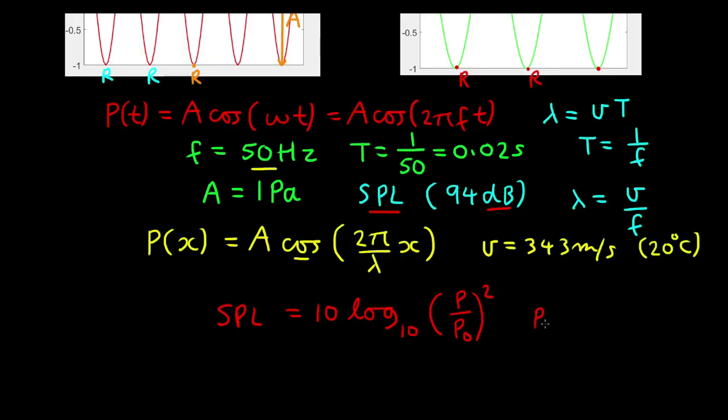So the reference pressure is 2 by 10 to the minus 5 pascals, which is the lowest sound pressure that can be heard. And from that, you can substitute a sound pressure and obtain a sound pressure level in decibels, which is a typical scale used to represent the loudness of the sound.